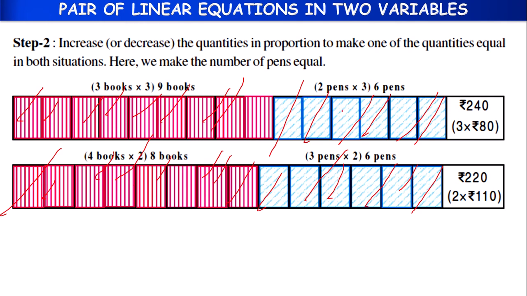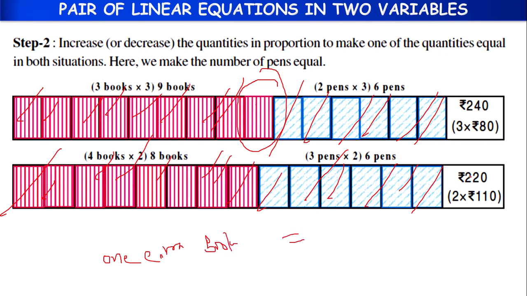Equal amounts get cancelled. If we take the difference of these two proportions, we will be left with only one extra book.